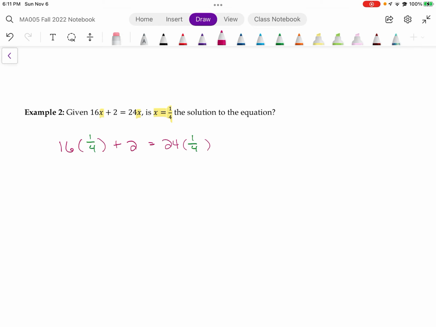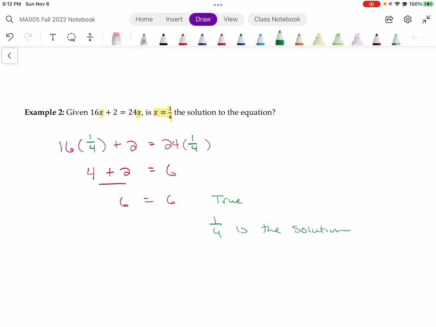You can use your calculator if you want to, but that is 4 plus 2, and 24 times 1/4, or 24 over 4, or 1/4 of 24, any of those mean the same thing, is 6. So we get 6 equals 6, and that is true. So 1/4 is the solution.